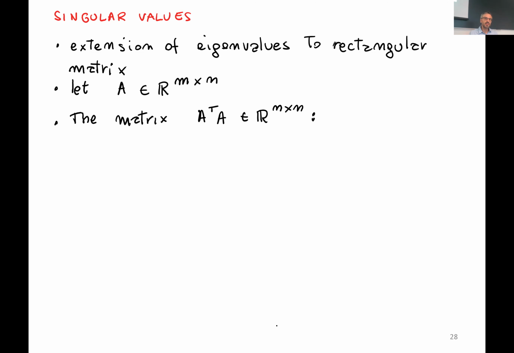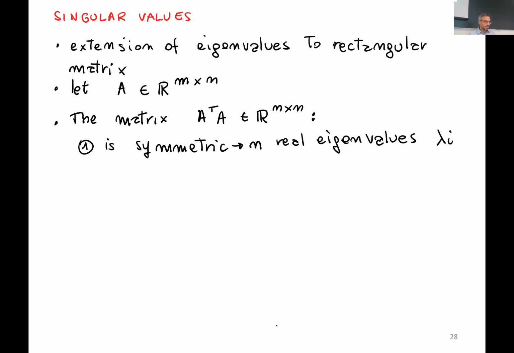If we think about the matrix A transpose A, we get a matrix n times n that has some properties. First, it is symmetric, and a symmetric matrix has n real eigenvalues that we call lambda i.